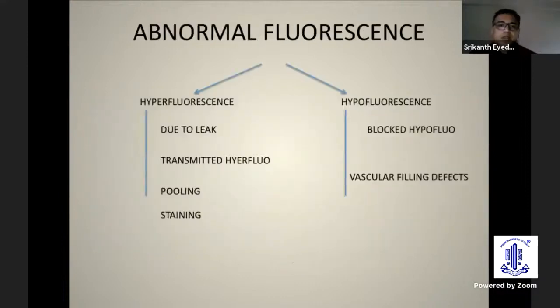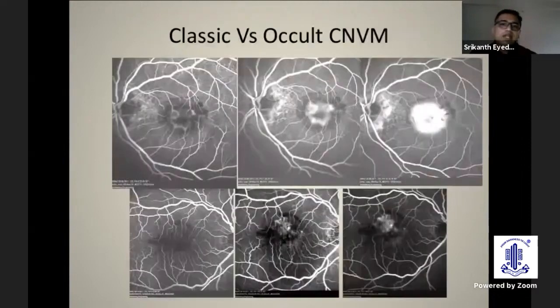This is the basic principle. Hyper can be due to leak or transmitted fluorescence or pooling or staining, and hypo can be either blocked or a filling defect.